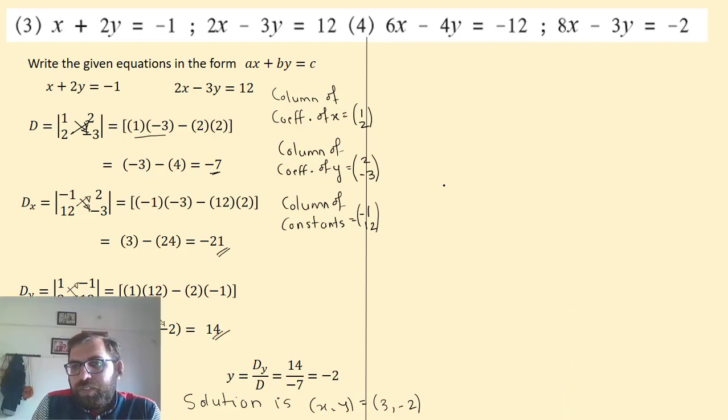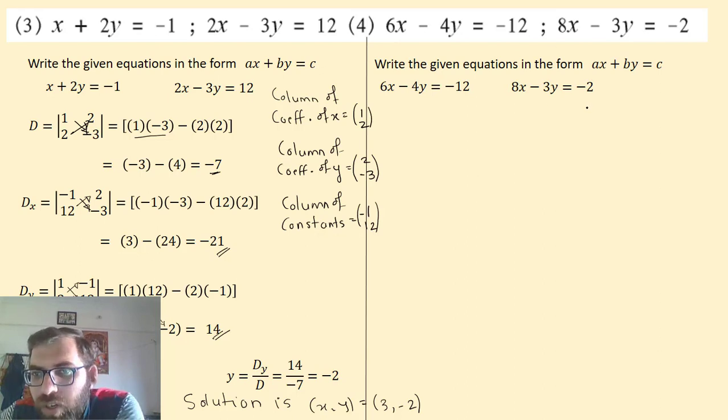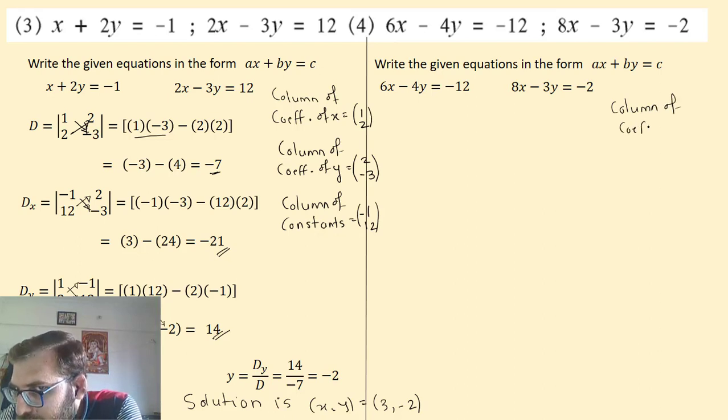Write the given equation firstly in the form of ax plus by is equal to c. So we write the equations, then we get the 3 columns. Column of coefficients of x, which is nothing but here it's 6 and 8.